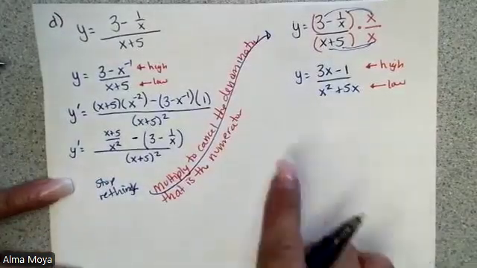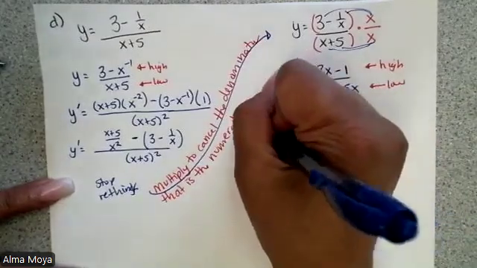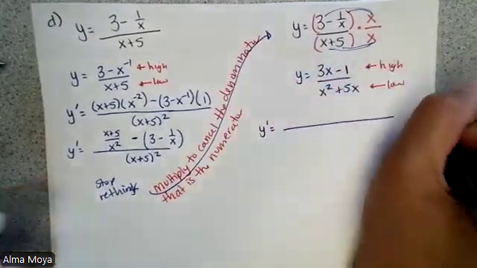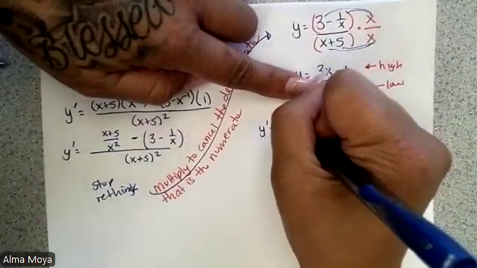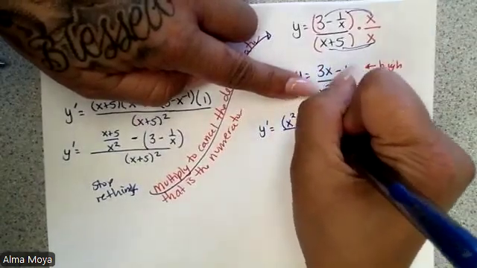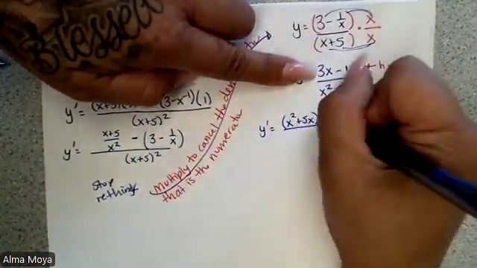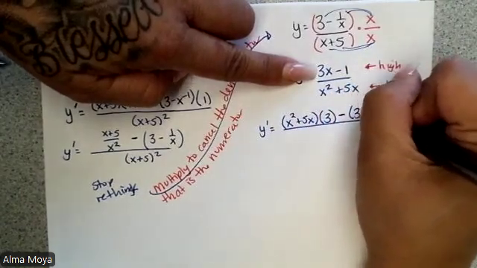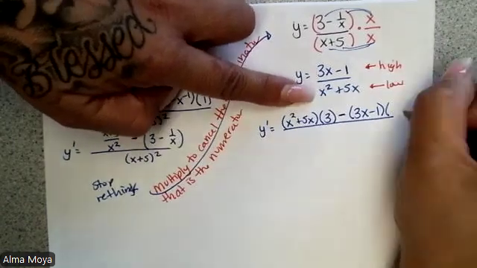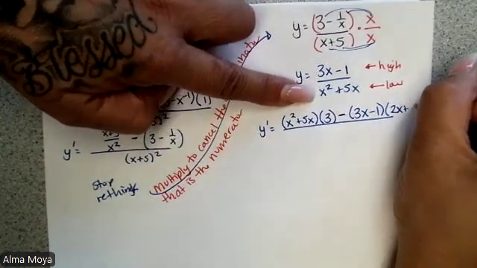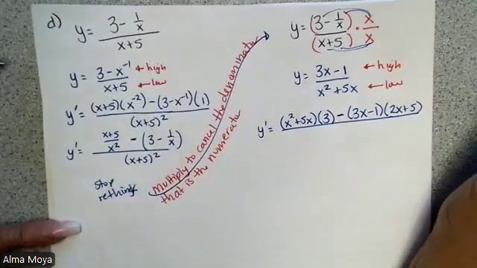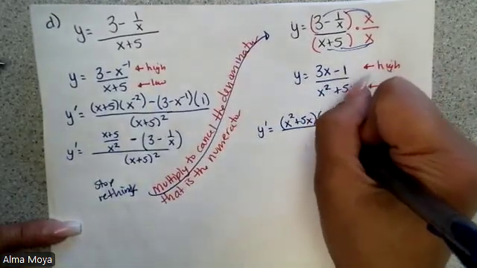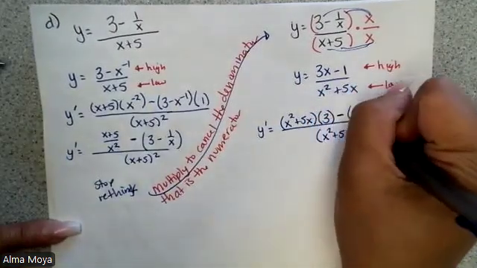So now when we take the derivative, y prime is going to be low, d high, which is just the derivative of the top one, which is 3, subtract high, d low, which here is going to be 2x plus 5. And all of that is being divided by the denominator squared.